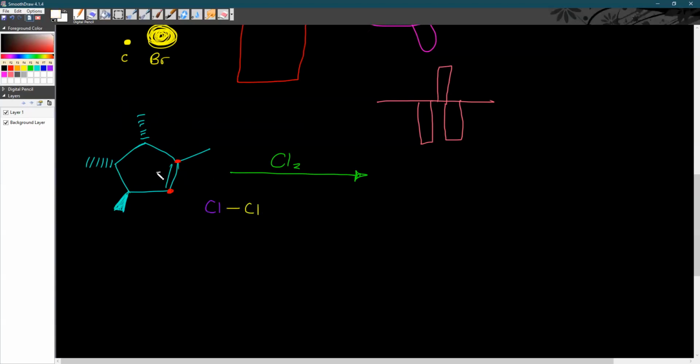We know that this double bond is slightly negative, whereas one of these chlorines is going to be slightly positive. And the double bond is going to do a two-handed grab, and grab one of these chlorines, which is going to kick off the other chlorine. And we're going to end up at our first intermediate, which should be the cyclic halonium ion.